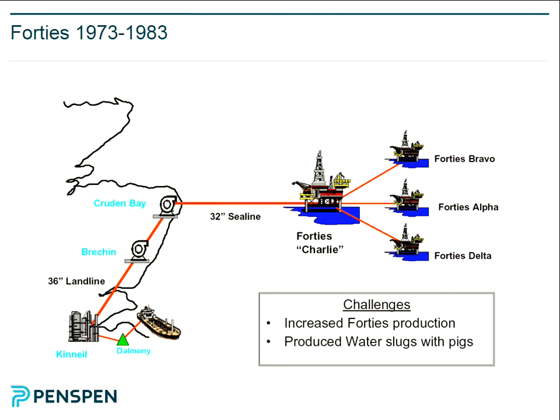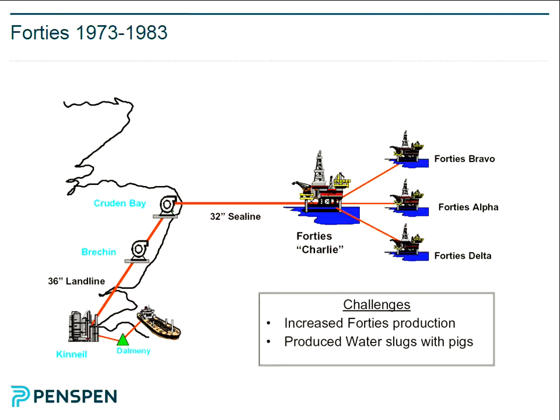This is the Forties field. This was developed by BP. It's one of the early fields in the North Sea. This is how it looked from 1973 to 1983. This is the Forties Charlie platform, central processing facility, with 3 satellite platforms, producing oil through one 32-inch sea line, and it had 2 pumping stations to a refinery, and there was an offload-only shift to a platform basically.